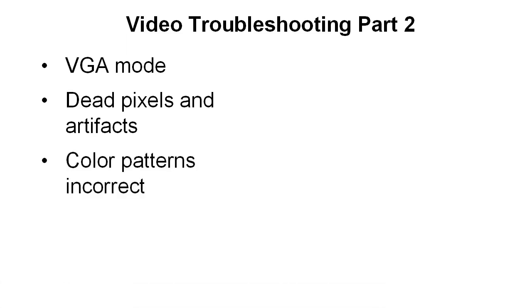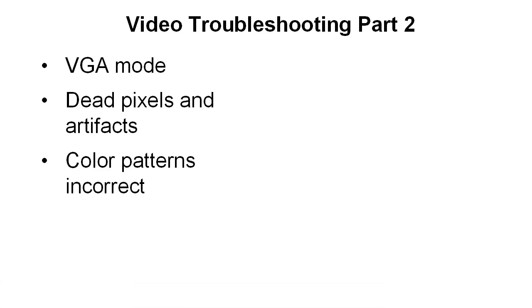If the color patterns are incorrect, you want to watch out for that as well. You might have older computers that are set to a low color depth, like 8-bit color depth, which is rare, but you might see that. And even the 16-bit or 24-bit settings might not be enough for the person's application in question.